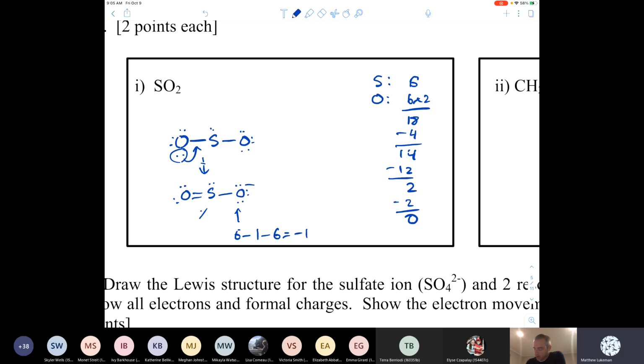And on the sulfur, we would say it's 6 minus 3 bonds minus 2 electrons is +1. So we get a plus. Often when you have a plus beside a negative, you should ask yourself if you could take a second pair of electrons down and cancel out those charges. For example, can we bring that down there? If we did, we would make this.